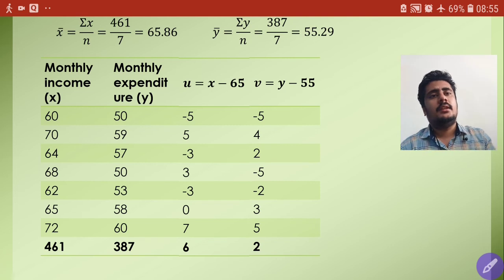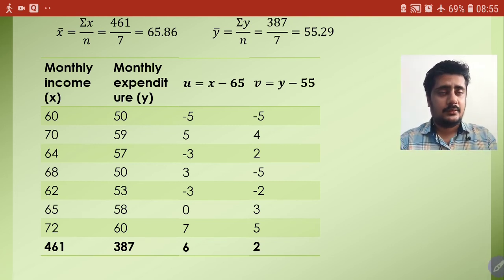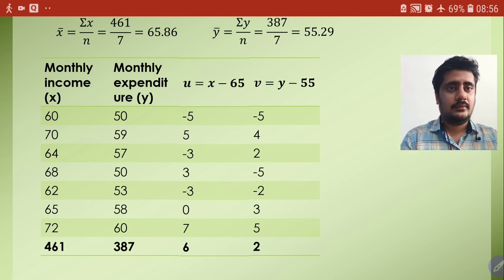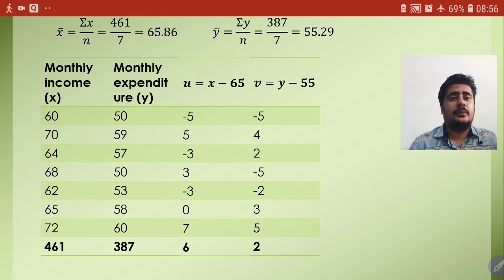Now you would have a question in your mind: sir, why have you taken a number similar to x bar? X bar is 65.86, you have taken 65. Y bar is 55.29, you have taken 55.